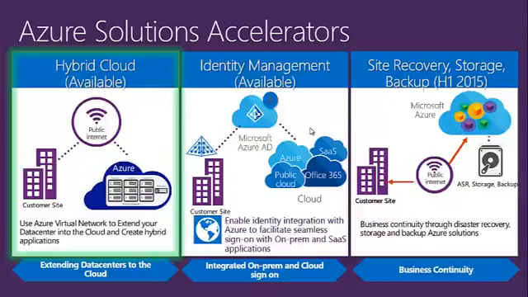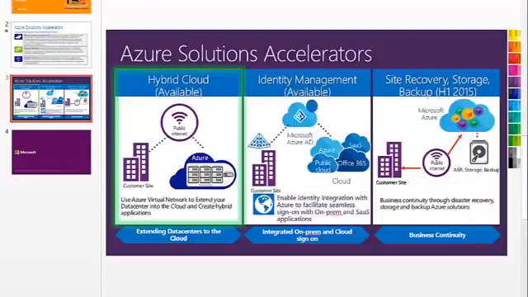We're going to create a virtual network, and then we're going to create that site-to-site VPN from on-premises up into Azure. Once we have that created, we've opened the door to start moving resources up into Azure. One of the key resources being Active Directory, which is referenced in the Solution Accelerator. So let's actually take a deep look into the Solution Accelerator itself.